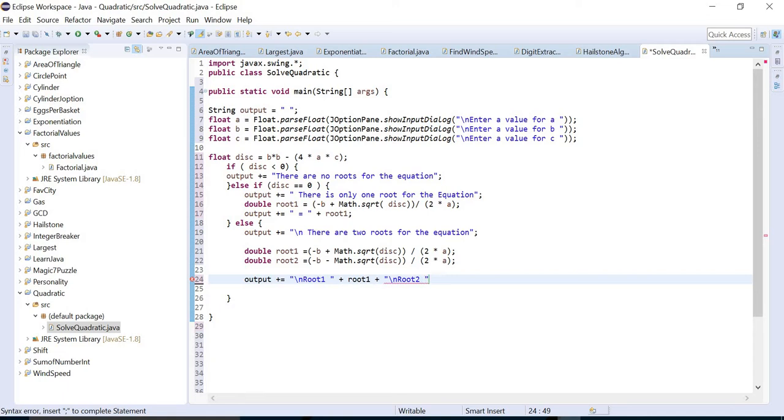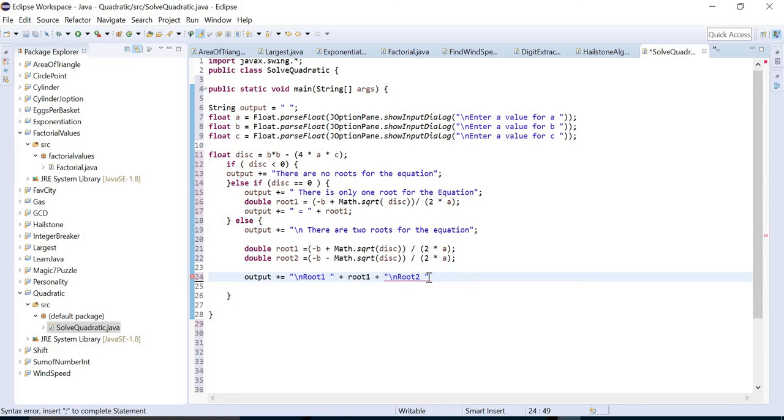And then we want a space so it looks more organized when we put what it is. Root2 plus root2. So root2, just our real value, see how it's referring? That's what we're referring to there. It's just going to show that value, okay? Now we end. So we're ending the else.